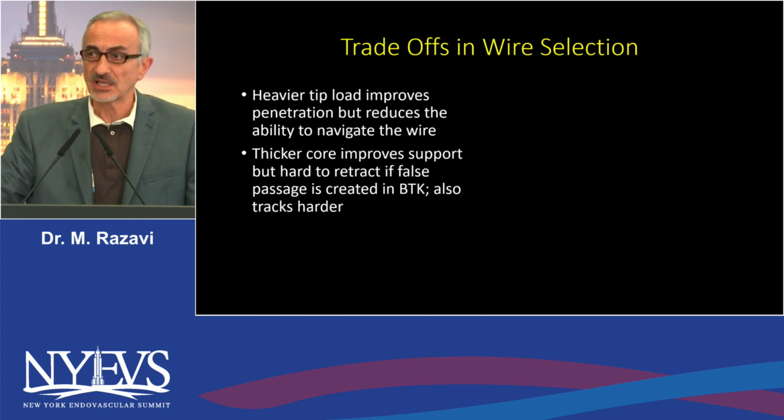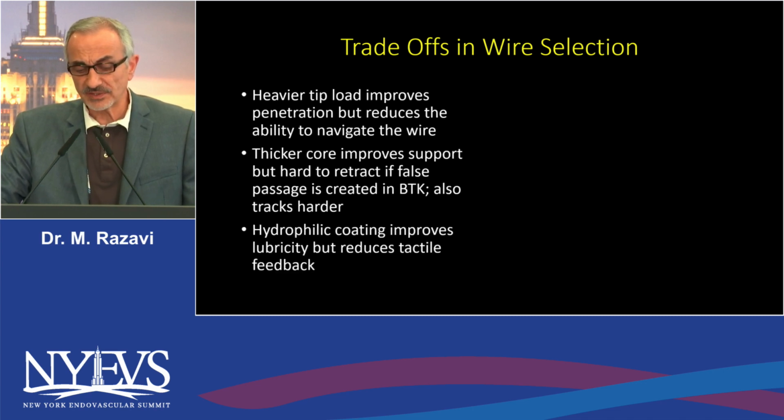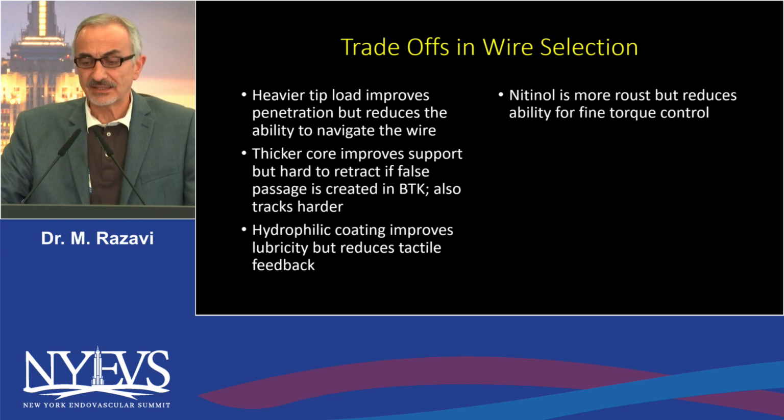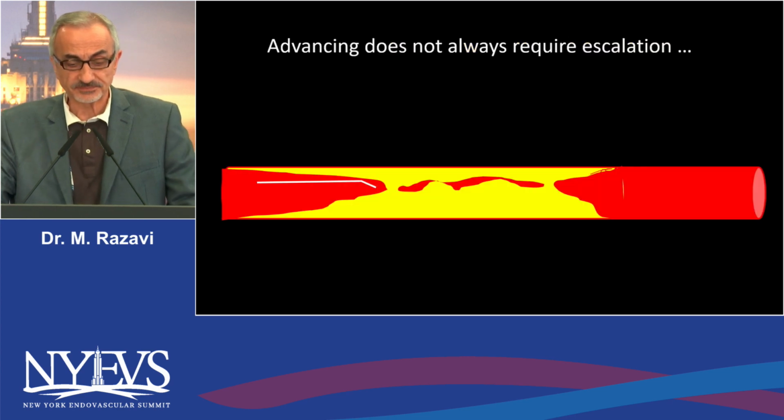That's why frequently we don't like 018 when doing CTOs unless you really need that pushability and body. Hydrophilic coating improves lubricity but reduces tactile feedback. Nitinol is more robust but reduces torque control. Sometimes you go through 4 or 5 wires in a CTO, and sometimes the tip of the wire needs to be robust.